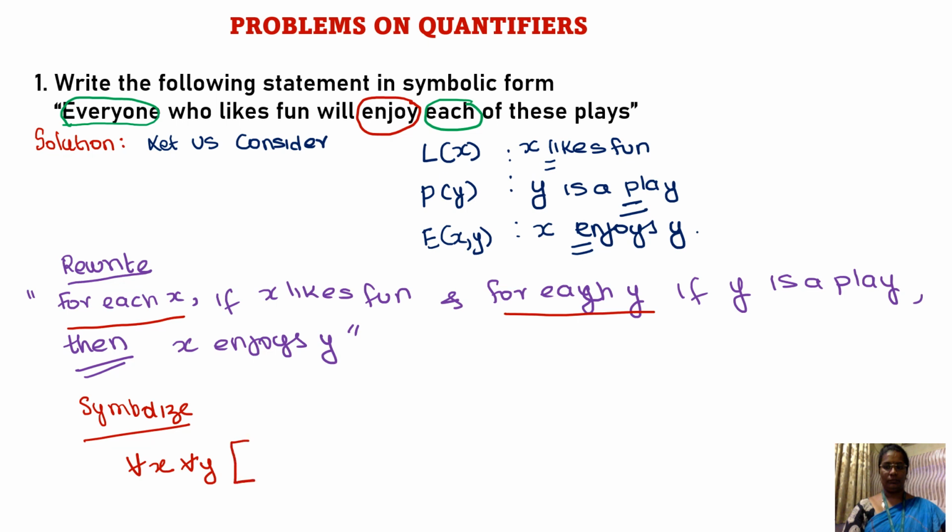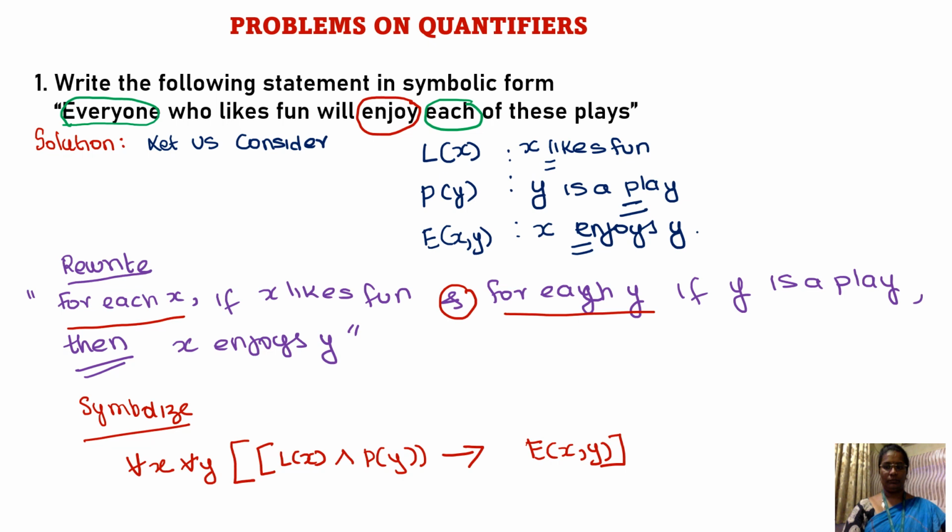Since I have written an if-then statement, x likes fun is nothing but L of x, then x enjoys y, so the propositional function is E of x comma y.